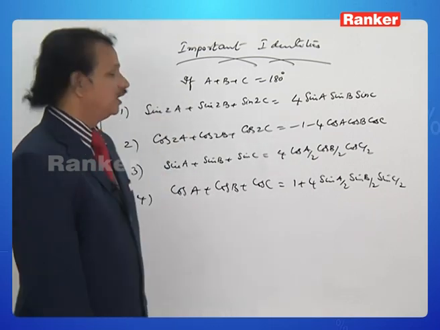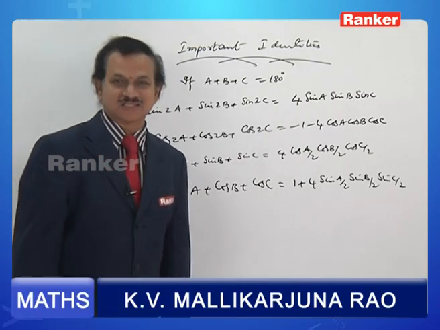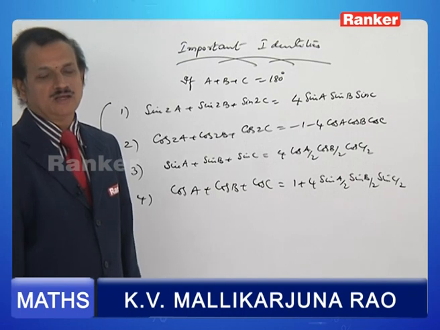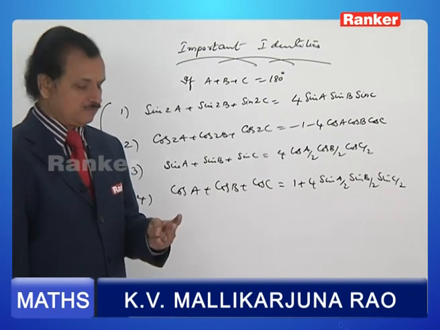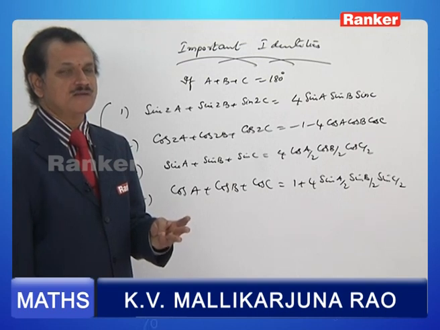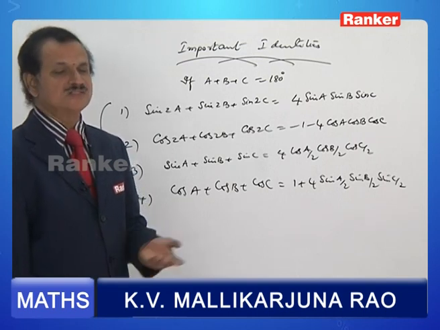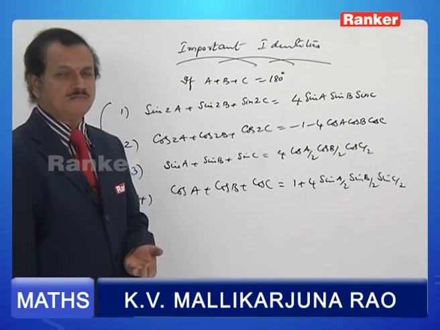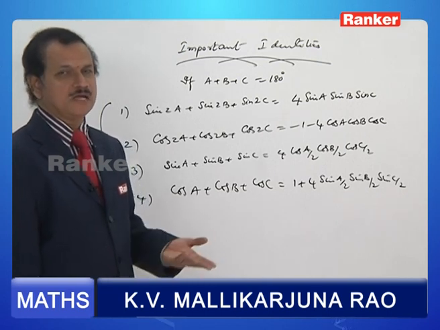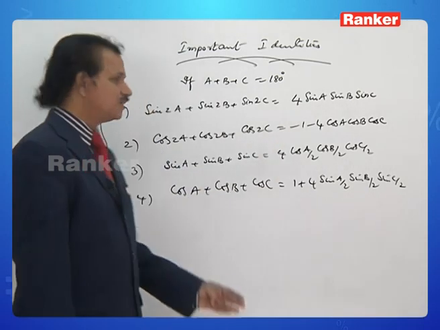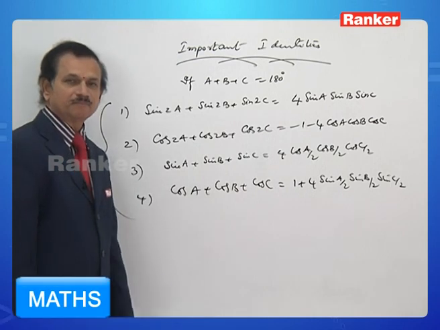For example, if any person asks us what is sigma cos square A in a triangle, cos square A plus cos square B plus cos square C. Cos square A is 1 plus cos 2A by 2. So it is sigma 1 plus cos 2A by 2. Isn't it? That is 3 by 2 plus sigma cos 2A by 2, that is minus 1 minus 4 cos A cos B cos C. Sigma cos 2A is nothing but this.